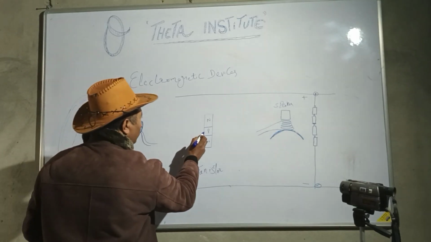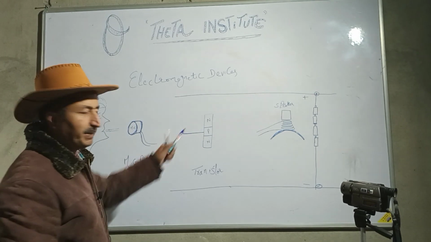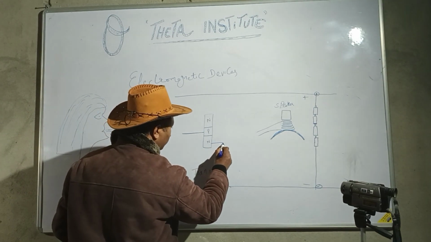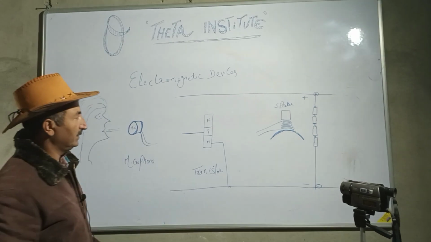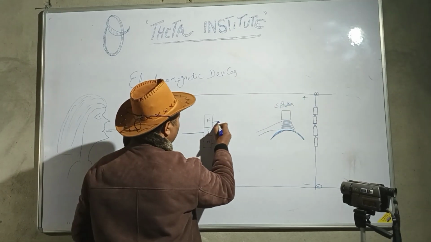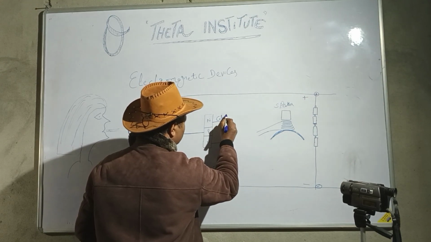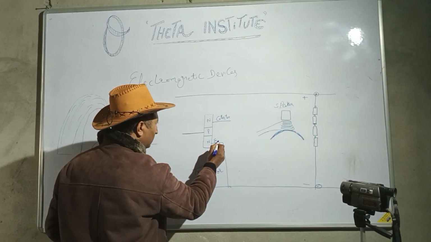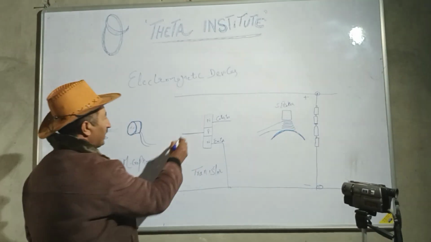This middle one is P, and this lower one is emitter, and the upper one is a collector. It is base here.